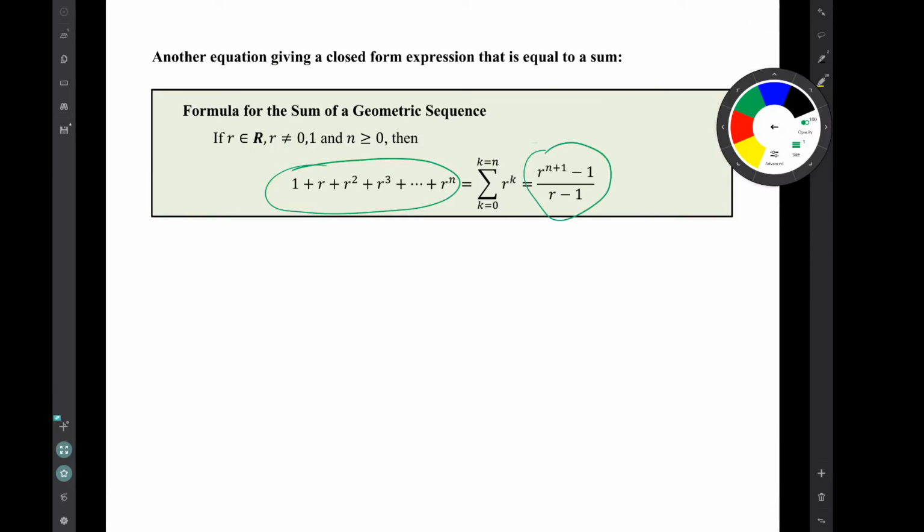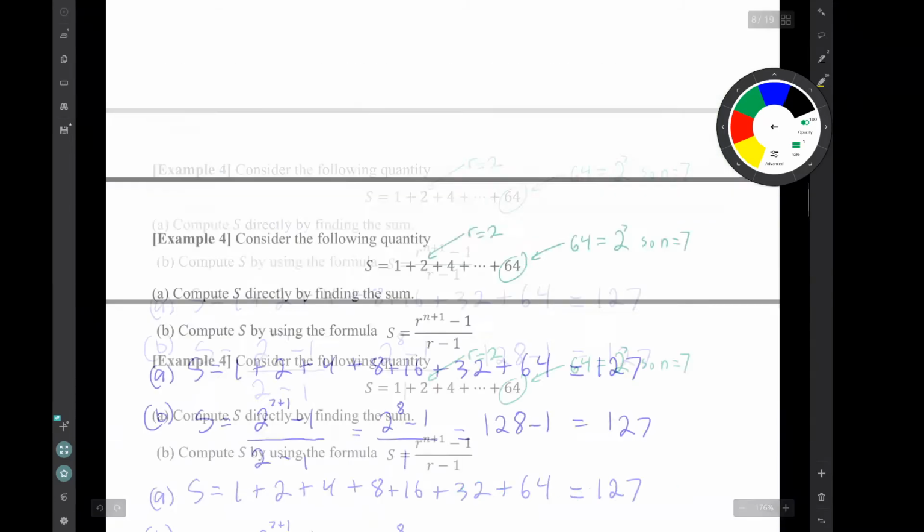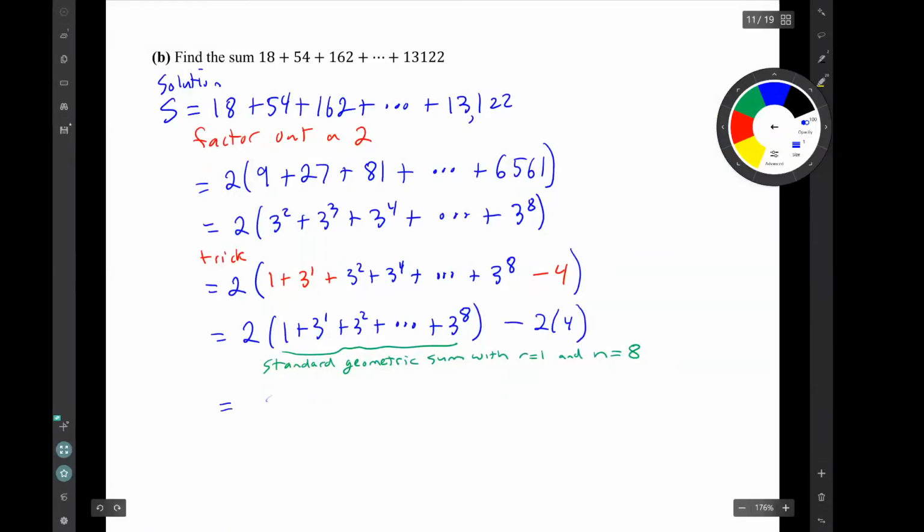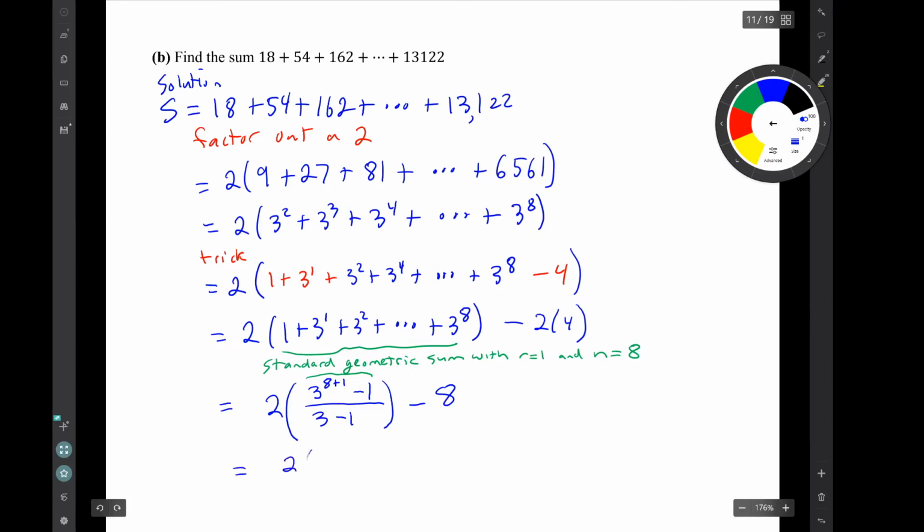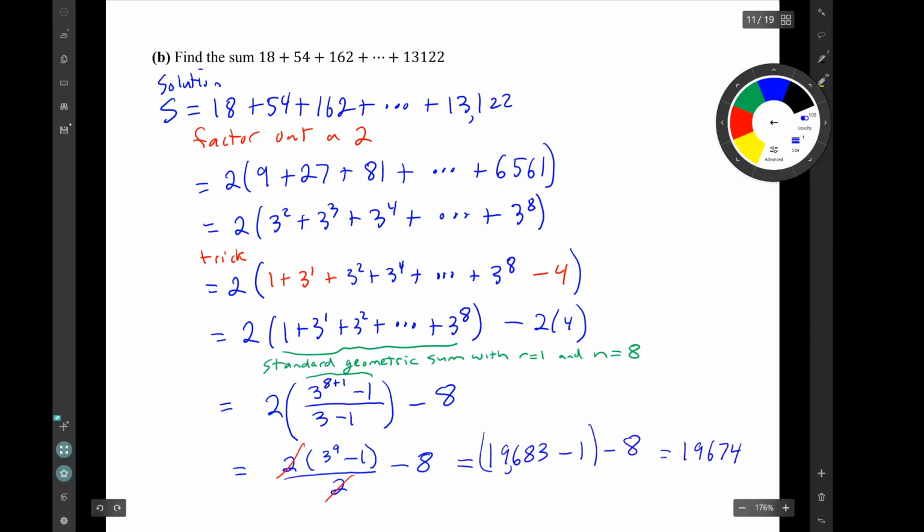So we need to build one of these in place of that. The result is that we have a value of 19,674 for this sum.